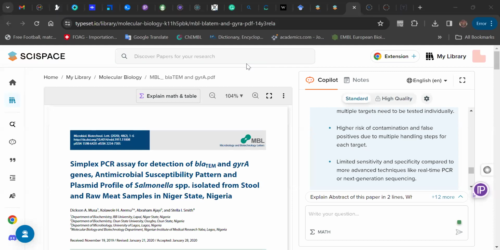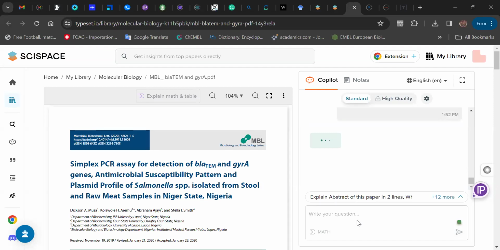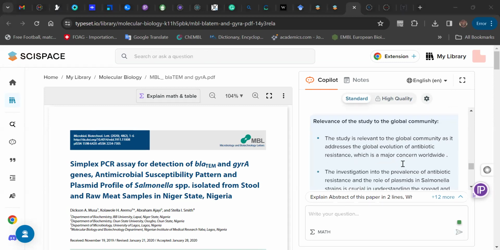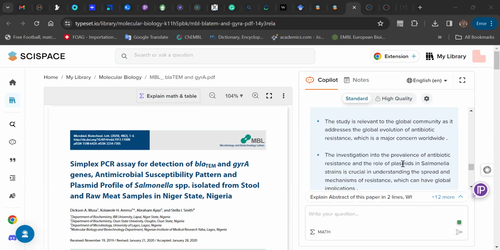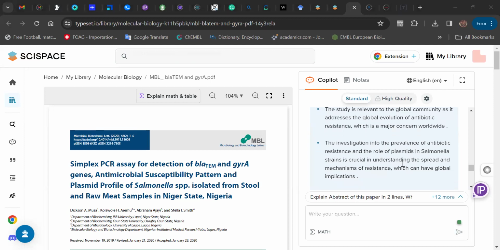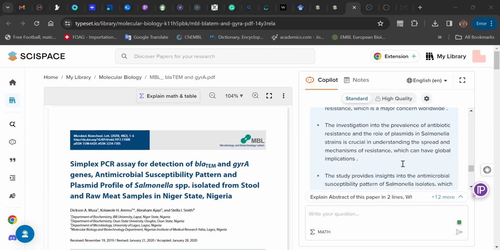Yes, ask an empirical question. What is the relevance of this study to the global community? The study is relevant to the global community as it addresses the global evolution of antibiotic resistance, which is a major concern worldwide.